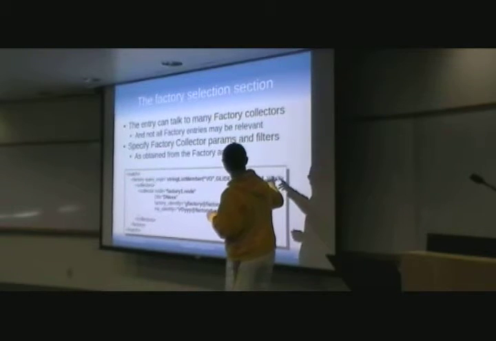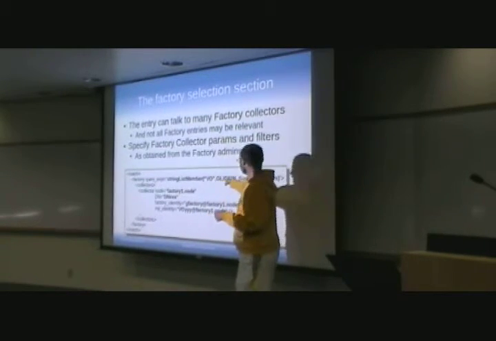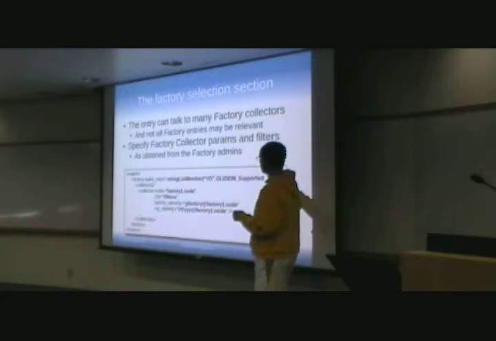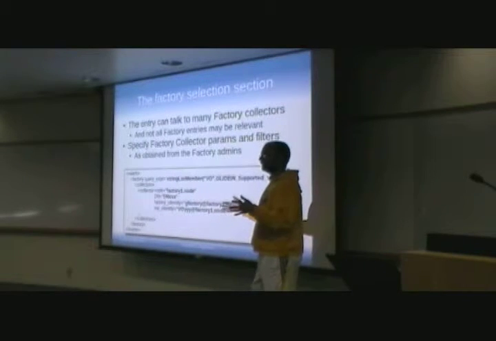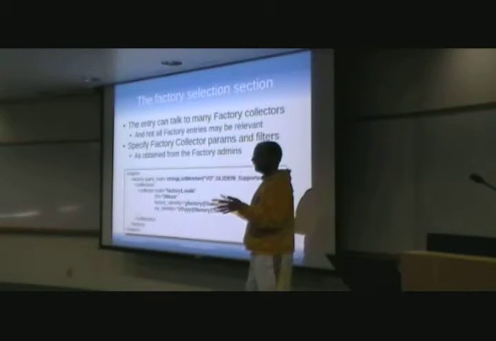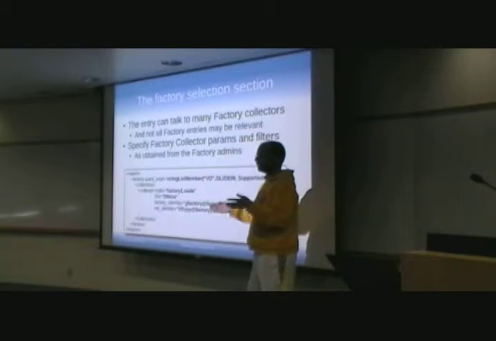So in the OSG factory, we use this attribute called GLIDEIN_Supported_VOs, which is a list that lists all the VOs that are supported. And you probably want to look only at the factories that support your VO. Because if you start asking for glideins for any sites that don't support your VO, you will not get any glideins anyhow.